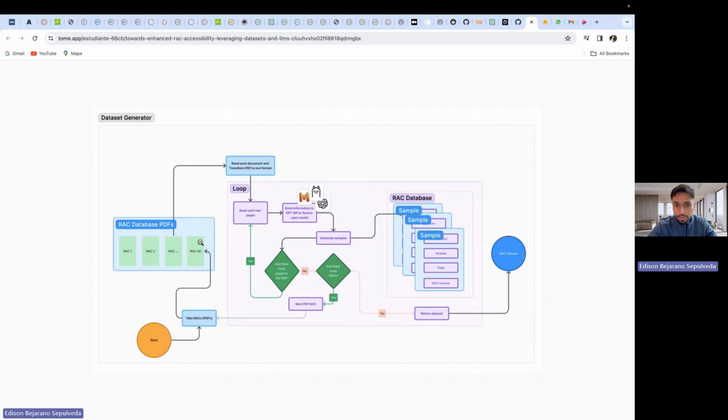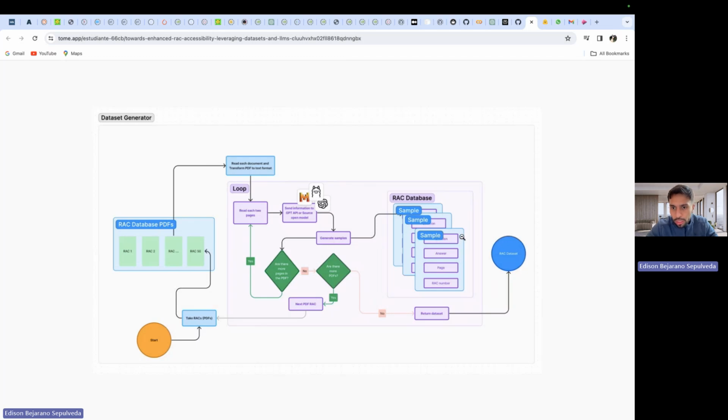We took one of them, transformed the PDF to text, and then entered a loop in which we read every two pages. Why two pages? Because we don't want to lose information, so we are overlapping the information. Then we send that information to the GPT API or to some open source model to generate the samples.